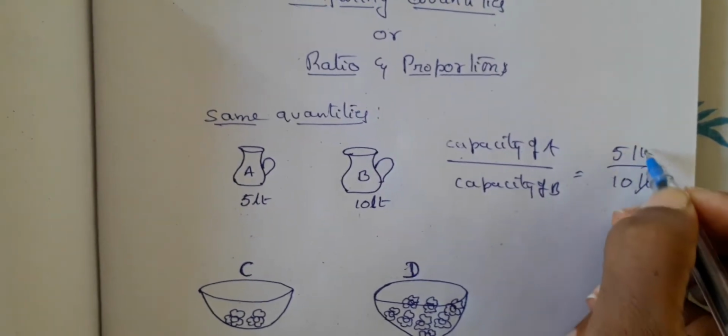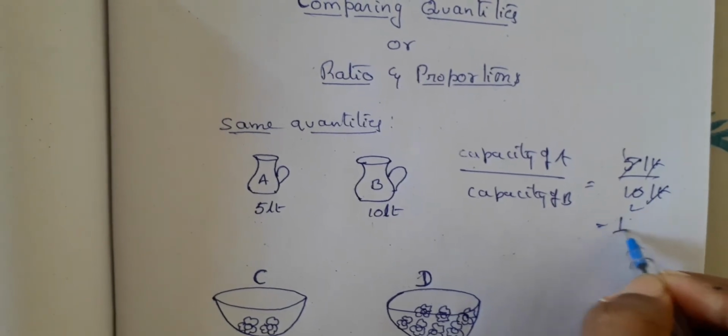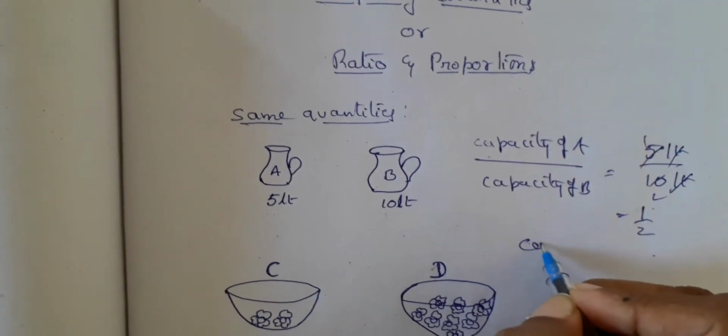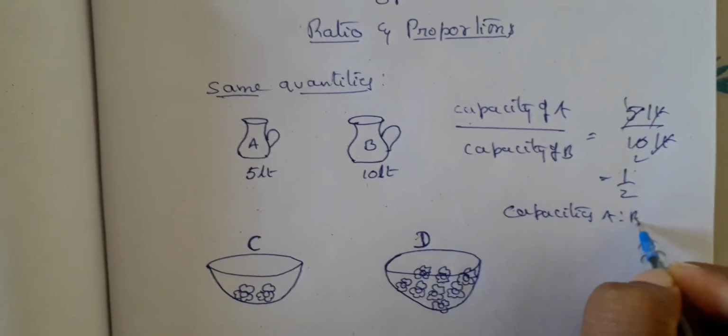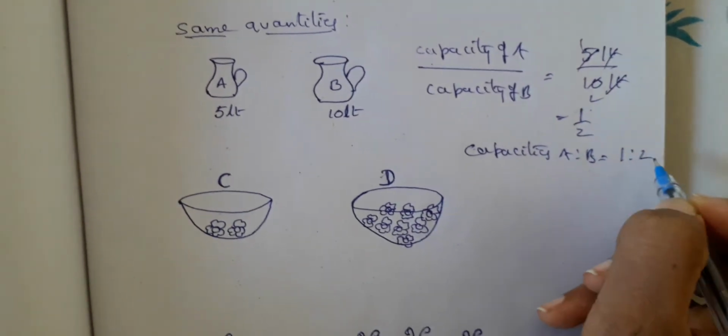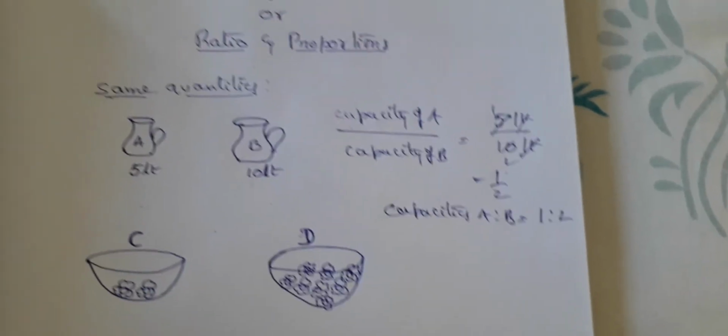So that means liter is getting cancelled, and 5 two times and 1 time. So 1 by 2. So capacities A is to B is equal to 1 is to 2. This is how we will write. So this is called ratio form.